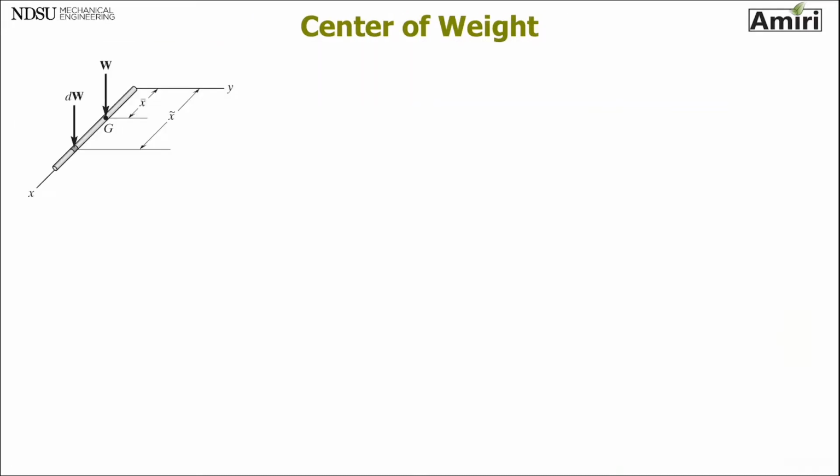To start off, I'm going to start with center of weight, center of gravity, and we're going to start with a wire. So we're just assuming that this is one-dimensional, so it only has x direction.